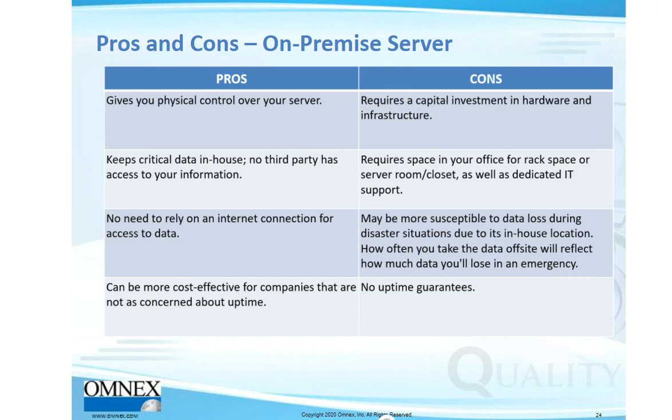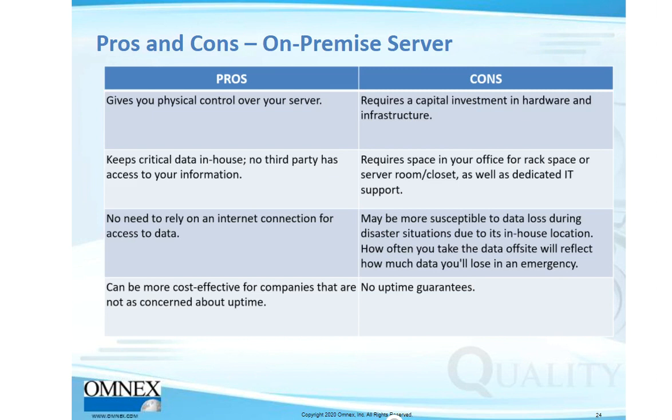Let's do all the pros and then we'll look at the cons. Keeps critical data in-house, no third-party access, no need to rely on an internet connection for access to your data, unless, of course, you're outside the company and you have to call in. Can be more cost-effective for companies that are not as concerned about uptime.